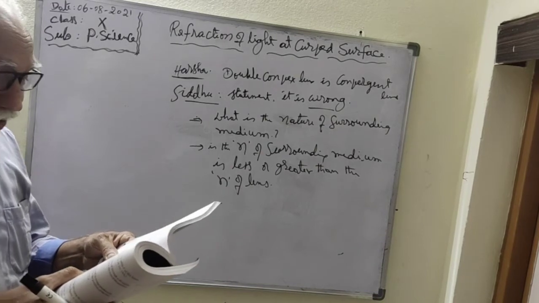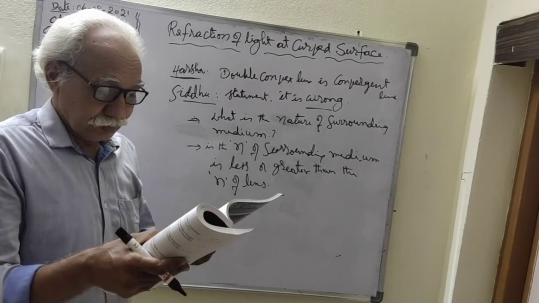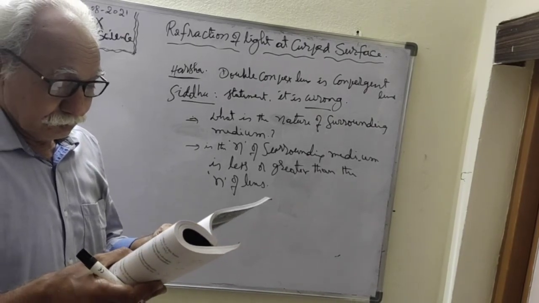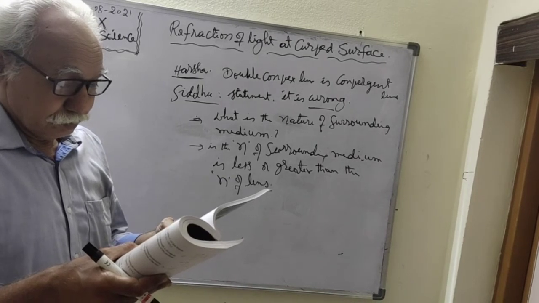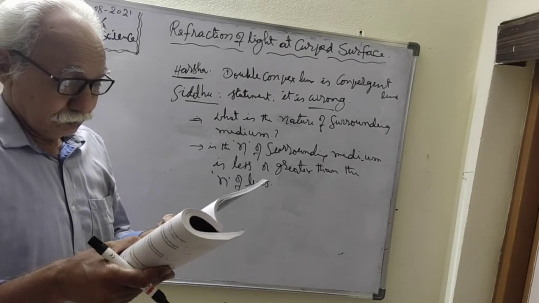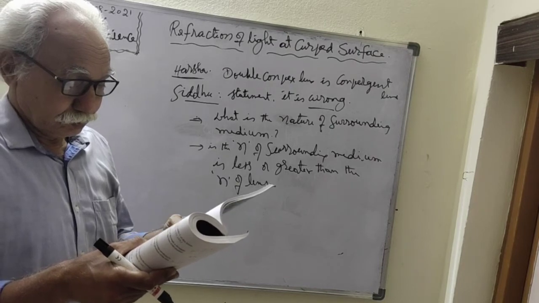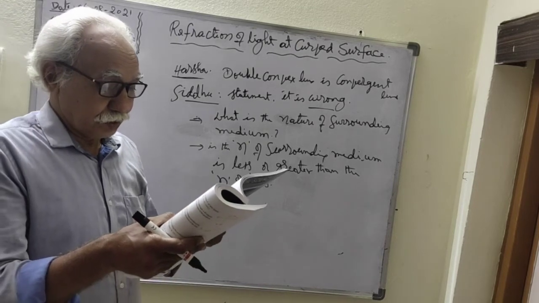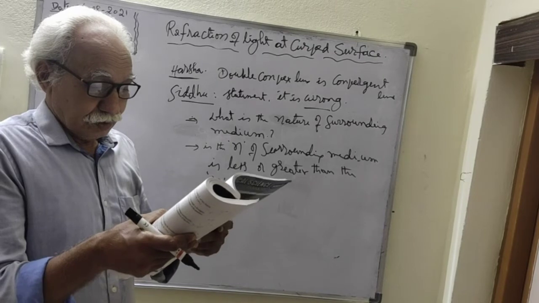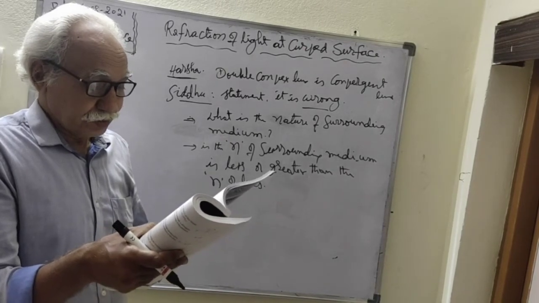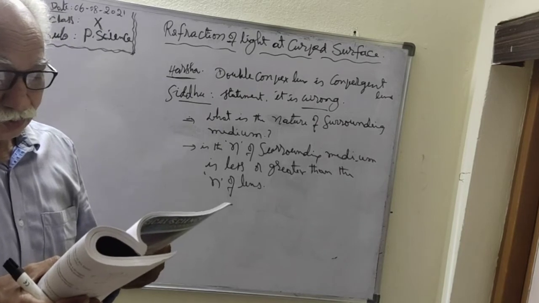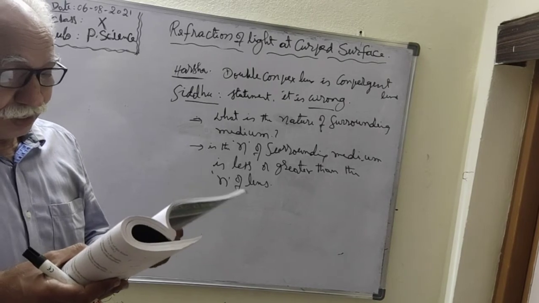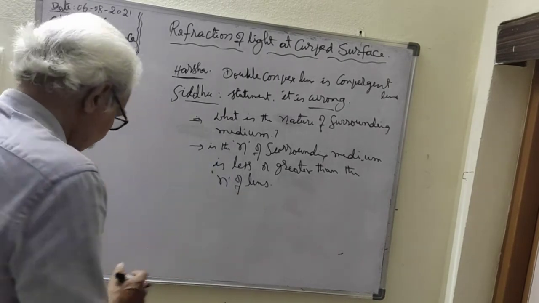Now next, find the radii of curvature of the convexo-concave convergent lens, made of glass with a refractive index 1.5 and focal length 24 centimeters. One of the radii of curvature is double the other. So let us see this problem.